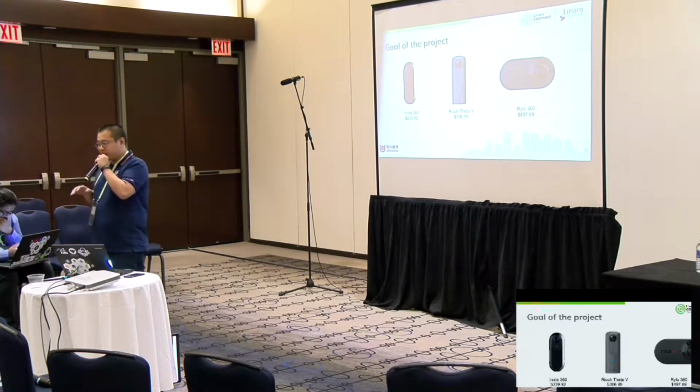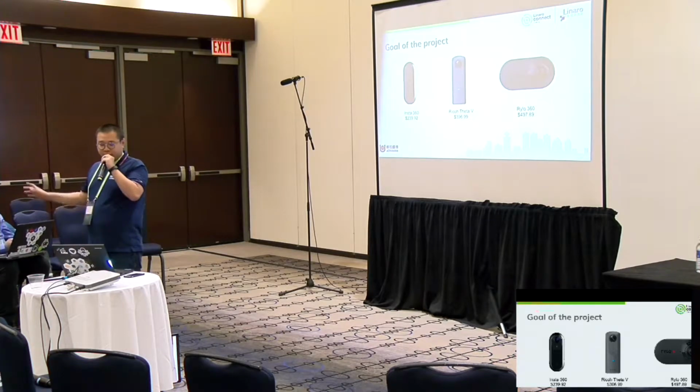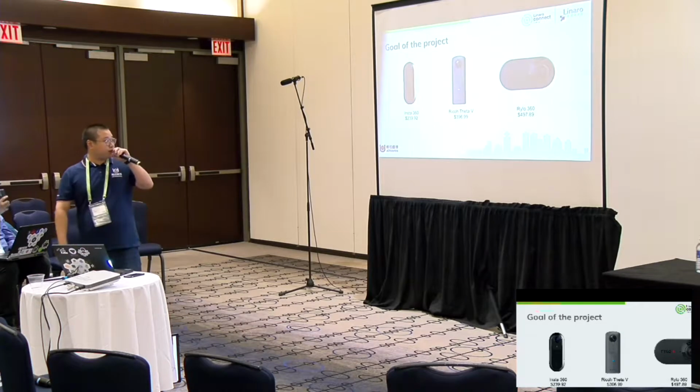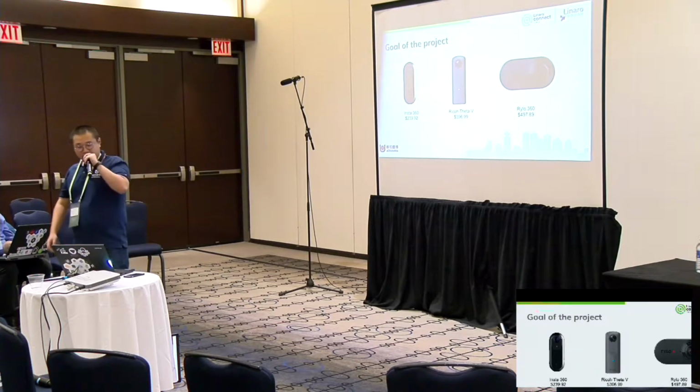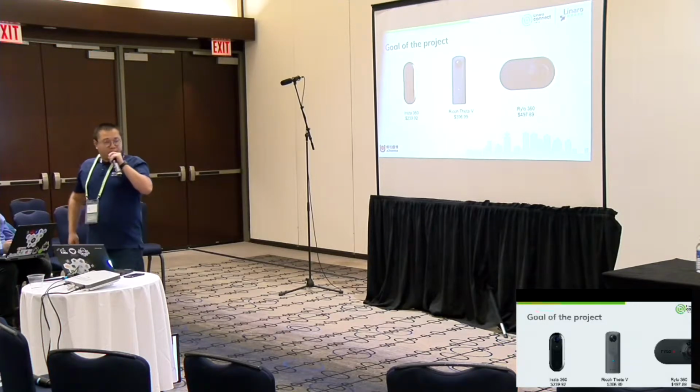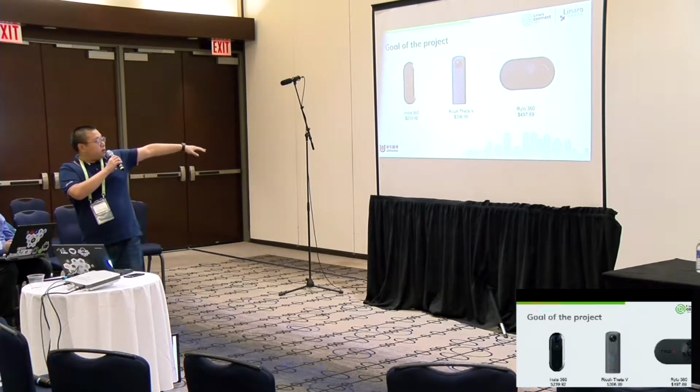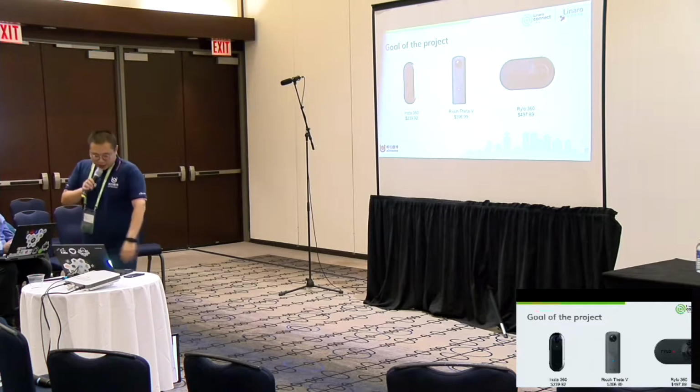If you search on the website or Amazon.com, there will be lots of panoramic cameras, and I've listed the three most popular of them in this slide. And the price is below, but it's very expensive.